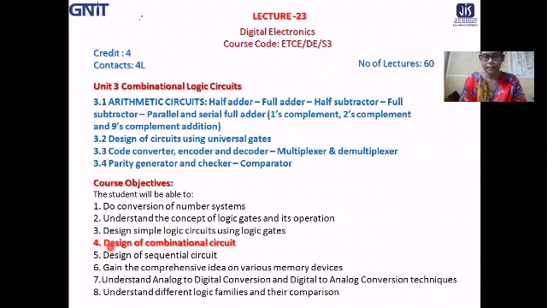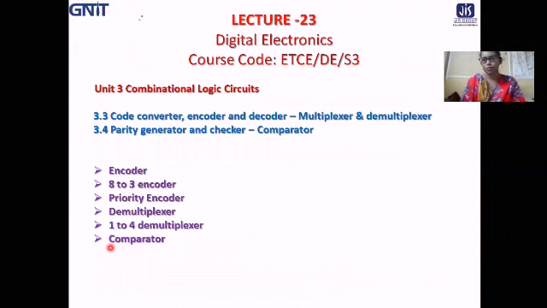After this, let us have a quick overview of the lecture plan of lecture number 23. Our subject digital electronics is a subject in diploma ETCE and the course code is ETCE/DE/S3.